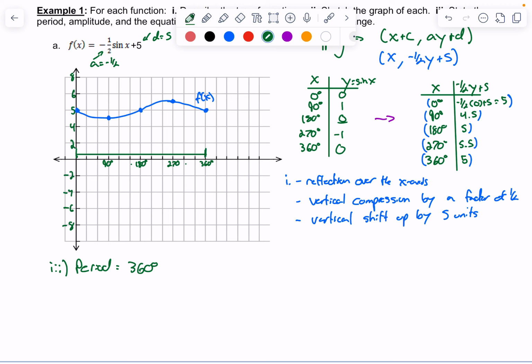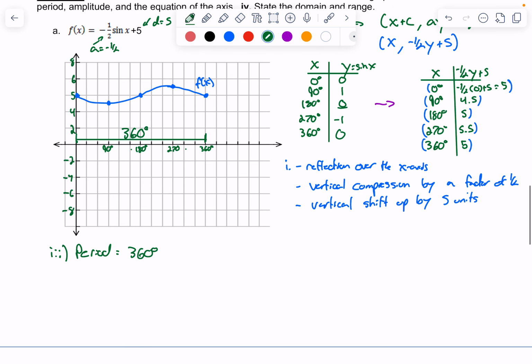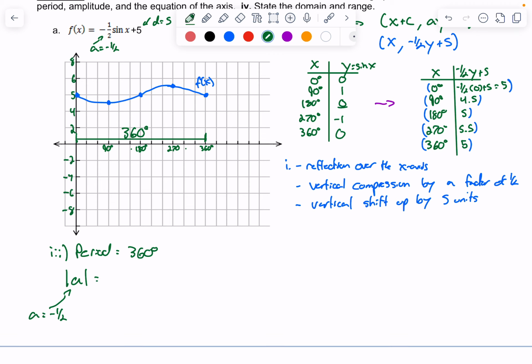This is 360 degrees. The amplitude is a distance. Remember, it's the magnitude of your A value. So we said our A was -1/2, so the magnitude of -1/2 means just 1/2, right?